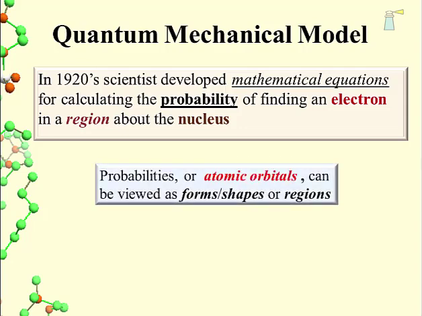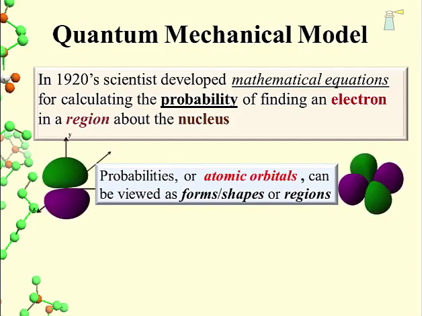Fortunately, these probabilities, which we will call atomic orbitals, can be viewed as forms, shapes, or regions about the nucleus. So, as we move forward, whenever the term orbital comes up, we are really talking about a mathematical solution to equations that model the most likely place to find an electron. The electron is not limited to this region, it is just the most likely place to find it.